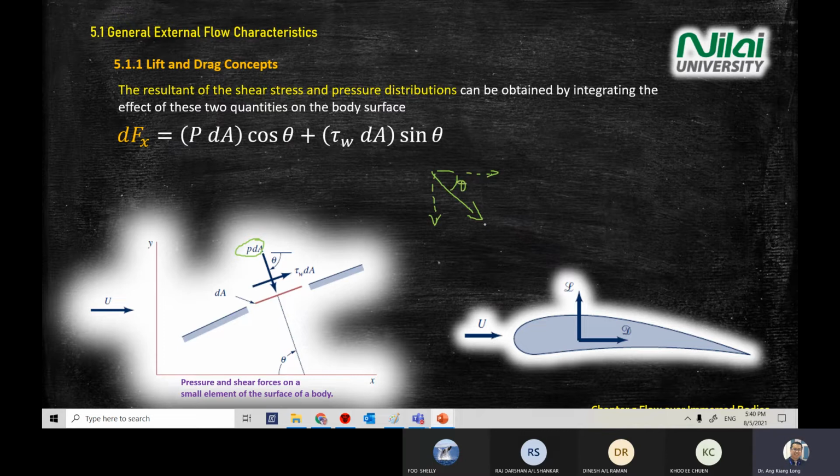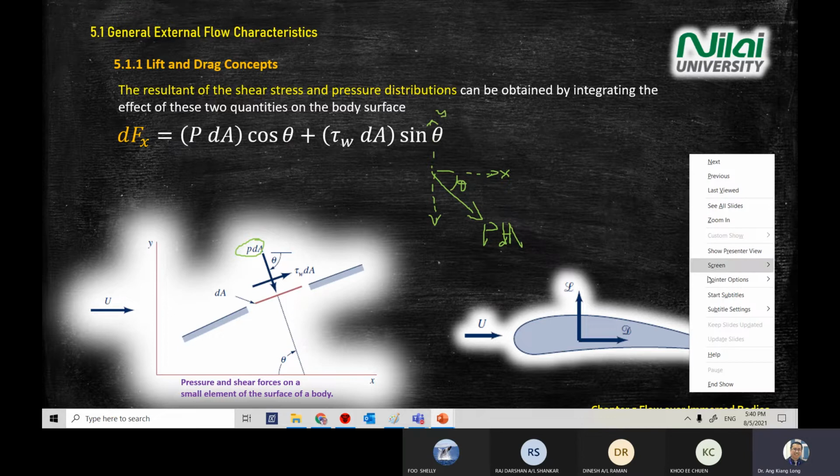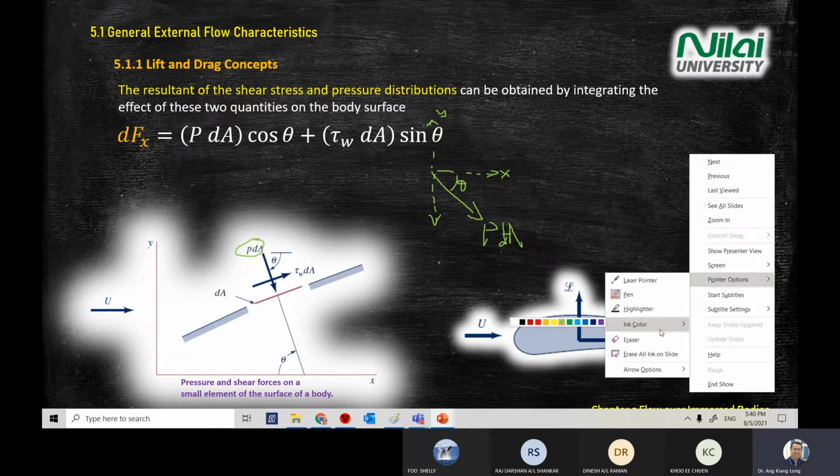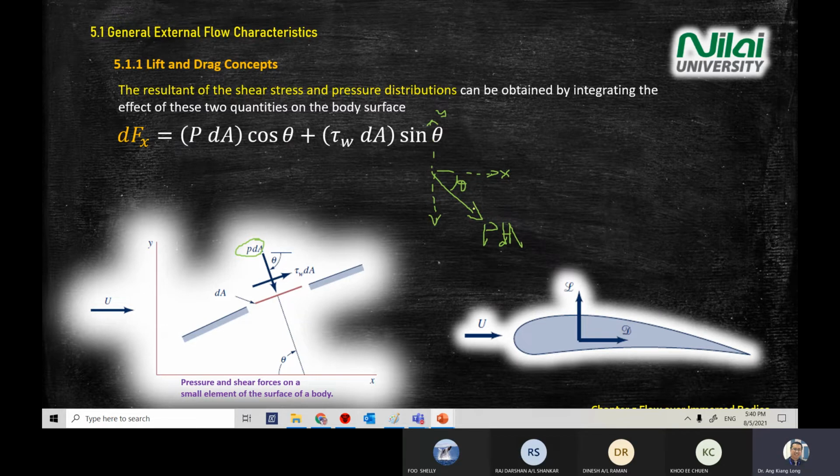So this is P dA. This is X direction. This is Y direction. How do you get the resultant in X direction? You split this one into X and Y. So X is cos, right? So P dA times cos theta.